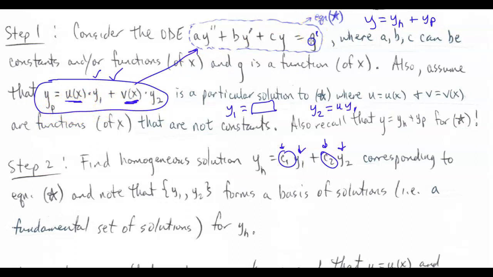So we're using that to be able to come up with what our particular solution should look like. Now, again, the reason why we're choosing this way to do this is because recall, once again, that a homogeneous solution is really just the difference in between two particular solutions. Okay. So if I was to take this y sub 1 and replace it with the difference in between two particular solutions and take this y sub 2 and do the same thing, what I would actually have is a particular solution that's actually u of x times the difference in between two particular solutions plus v of x times the difference in between two particular solutions again.